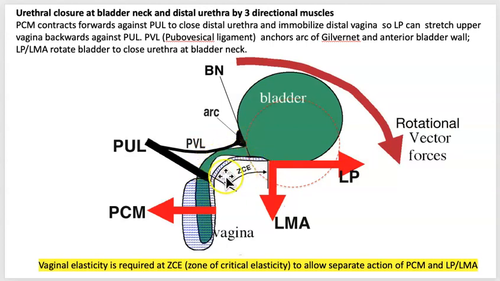If you create scar tissue here, then you can unbalance the system and these muscles will pull open the vagina. So in summary, forward muscle closes the distal urethra, back muscles stretch the vagina and the urethra and rotate and close the bladder neck. And this is the zone of critical elasticity. It must be left elastic.